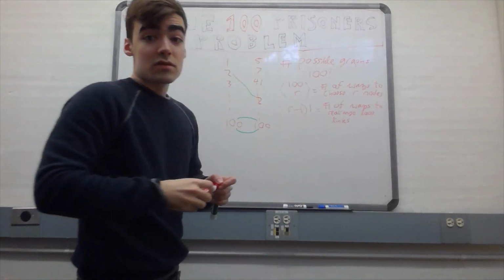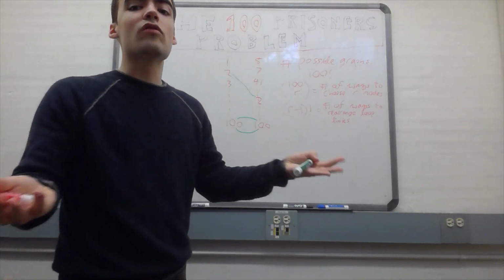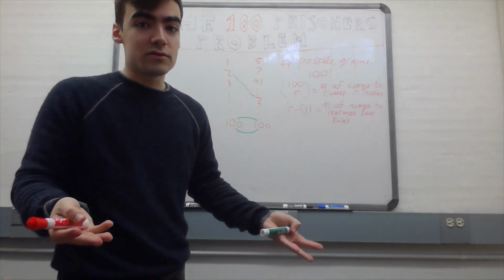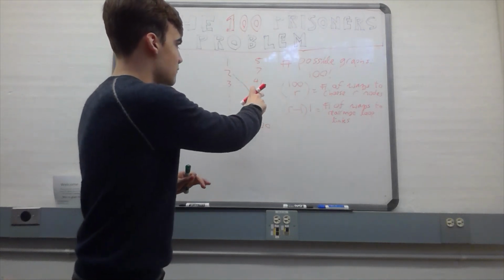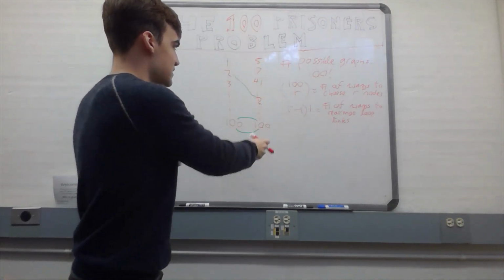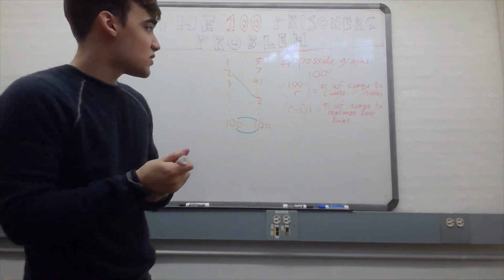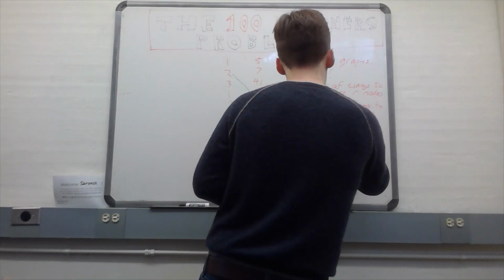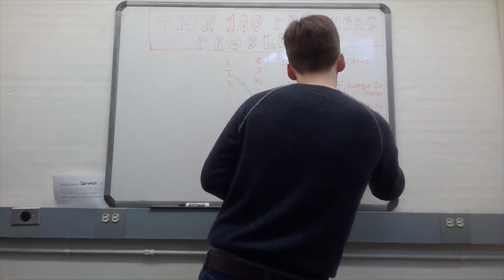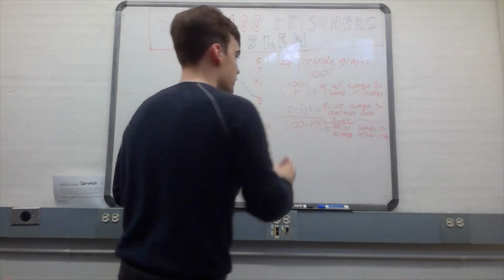And then the rest of the graph is defined by all the other nodes that weren't included in the loop. And again, we can rearrange them in any order, and that defines this column entirely. And so that's going to be, okay.